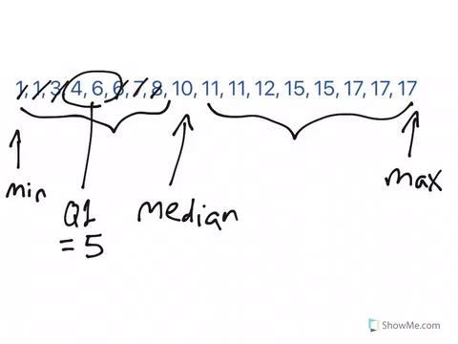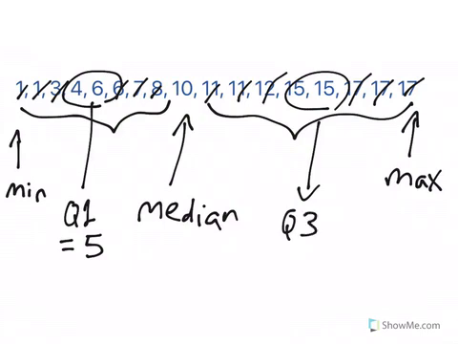Let's look at the other half. We have 2 pieces of data here. They're both 15, so there's nothing in between 15 and 15. So this is quartile 3, and that is equal to 15.